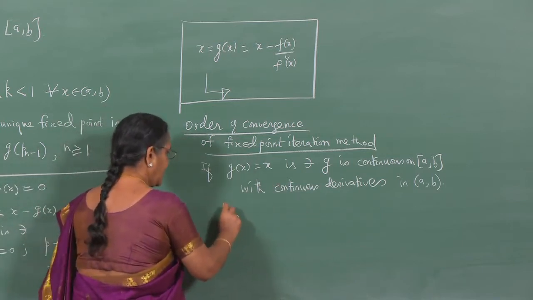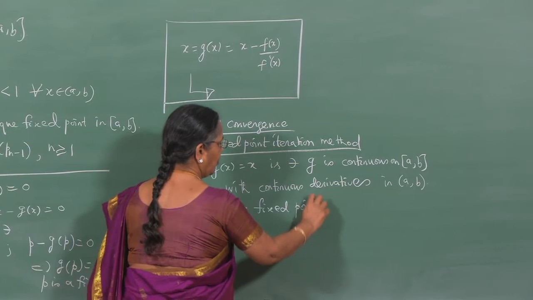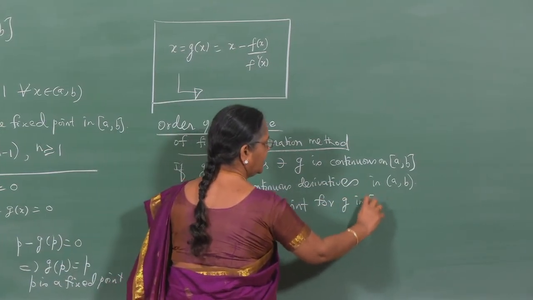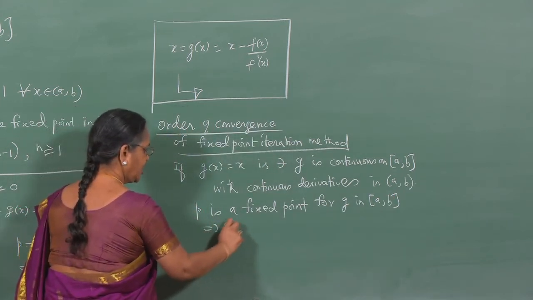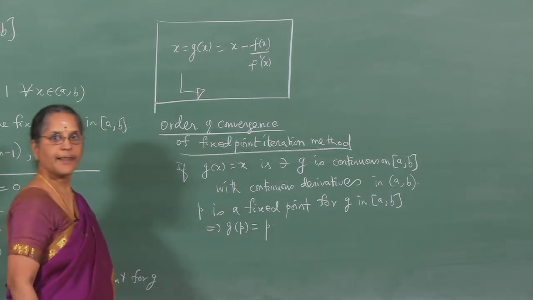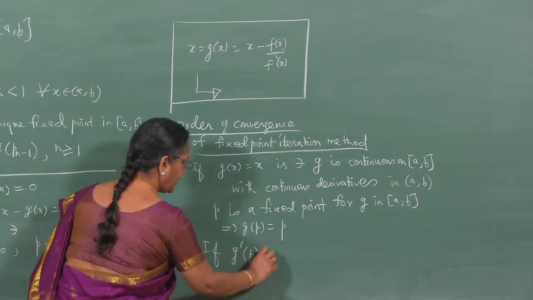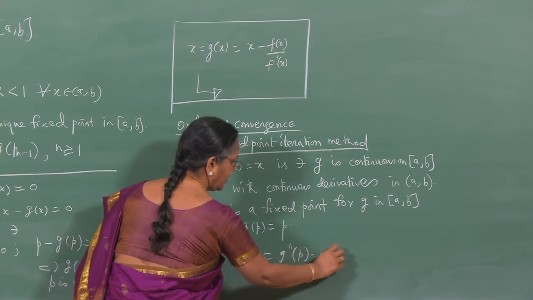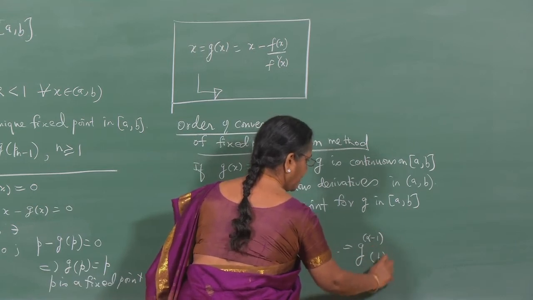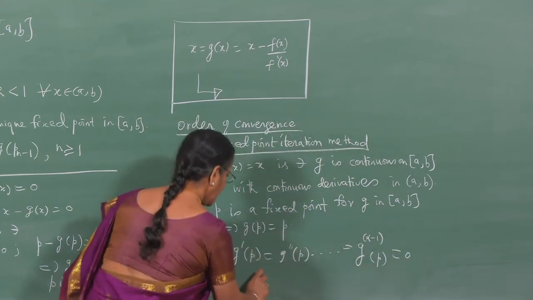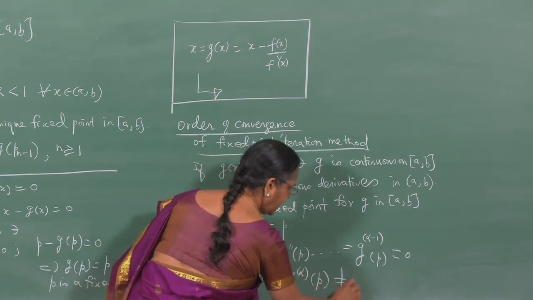Further, p is a fixed point for this function g in the interval a b, that is g of p is equal to p, and if this g is such that g dashed of p, g double dashed of p, etc. up to g to the alpha minus 1 at p, they are all 0, and the alphath derivative of g at p is different from 0.